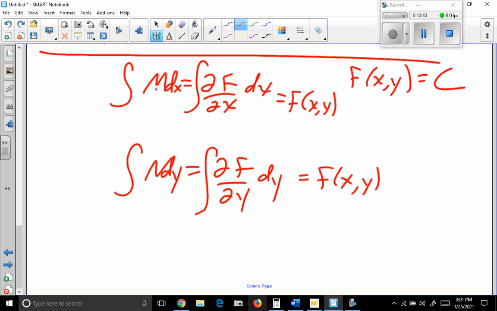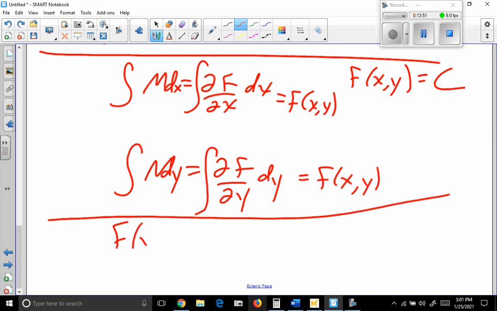Well, when you take the derivative of f, the function of x and y, with respect to x, if you have an x term and a y term, then when you take the partial with respect to x, the term with only y goes away.